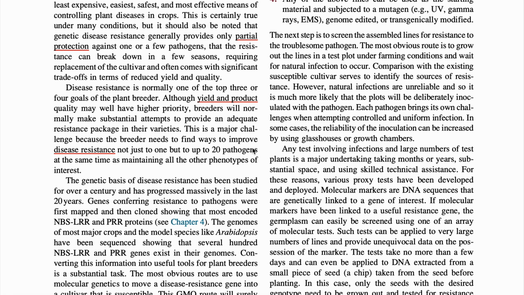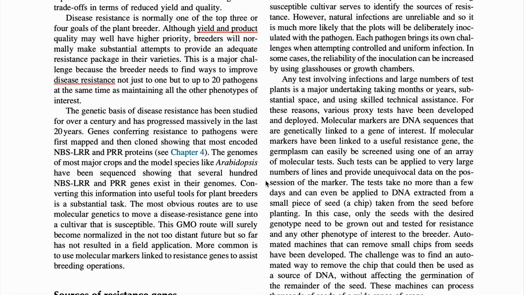This is an assumption; what they mean is that they should find a way in which that resistant variety targets more pathogens rather than fewer ones. So they have to keep everything in mind while coming up with a new variety.